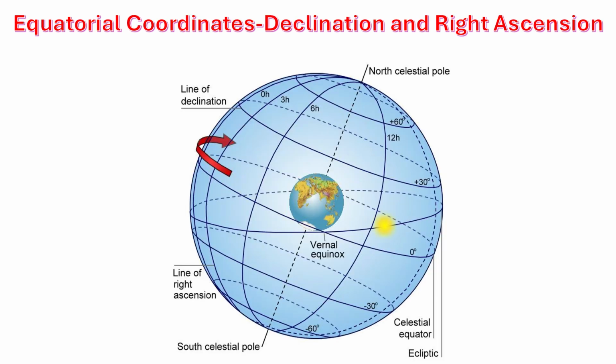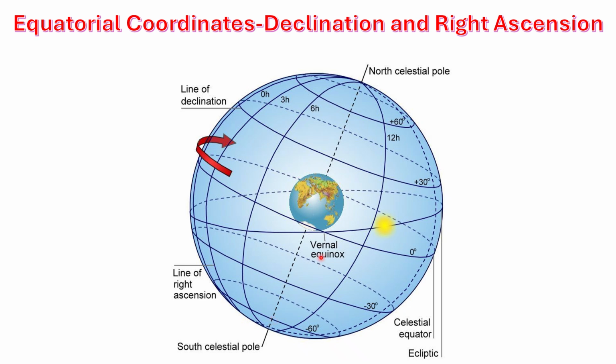Like we have latitude and longitude on Earth, similarly we have declination, analogous to latitude, and right ascension, analogous to longitude, in the equatorial coordinate system on the celestial sphere, with the celestial equator at 0 degrees, the north celestial pole at plus 90 degrees and the south celestial pole at minus 90 degrees.